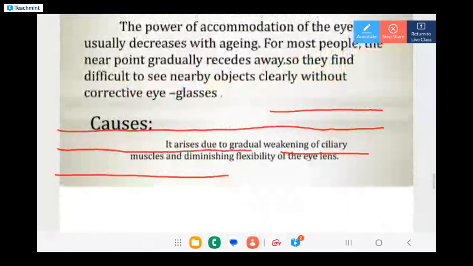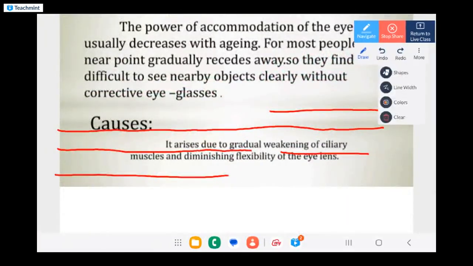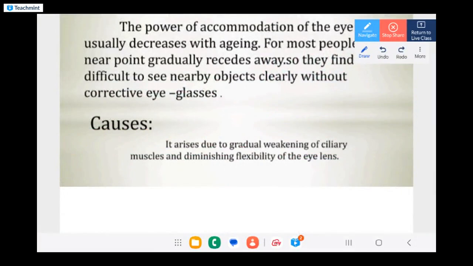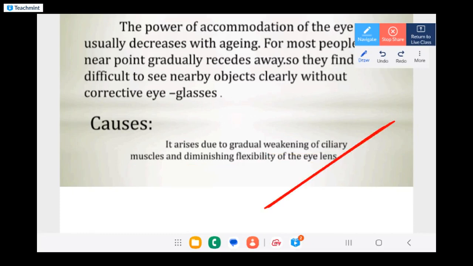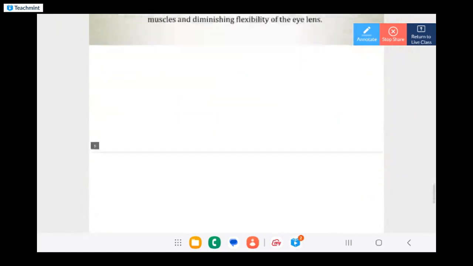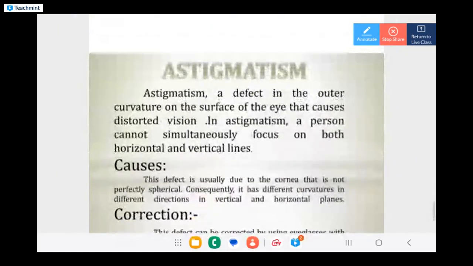It arises, as we have already discussed, due to the weakening of the ciliary muscles and diminishing flexibility of the eye lens, because they are connected to each other, and they stop working well with the age factor. So this kind of situation can happen.